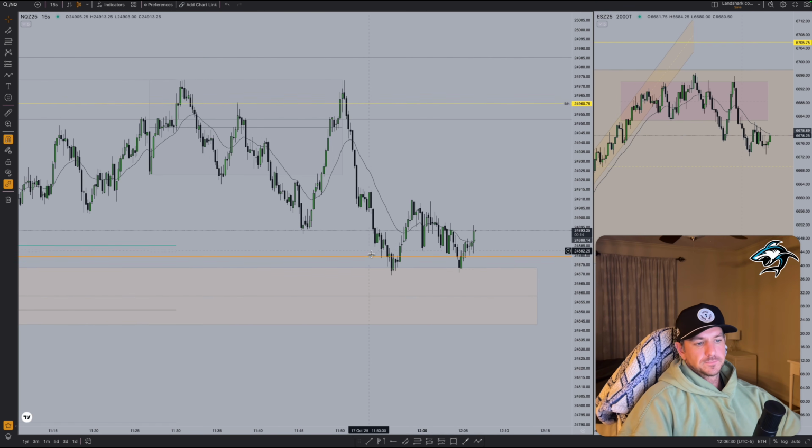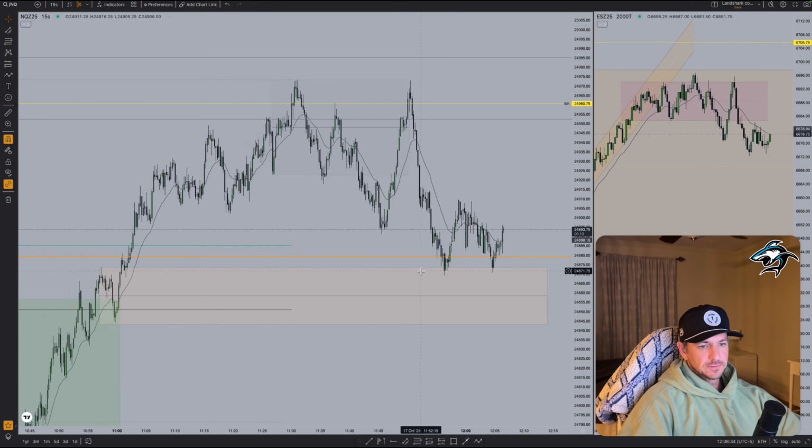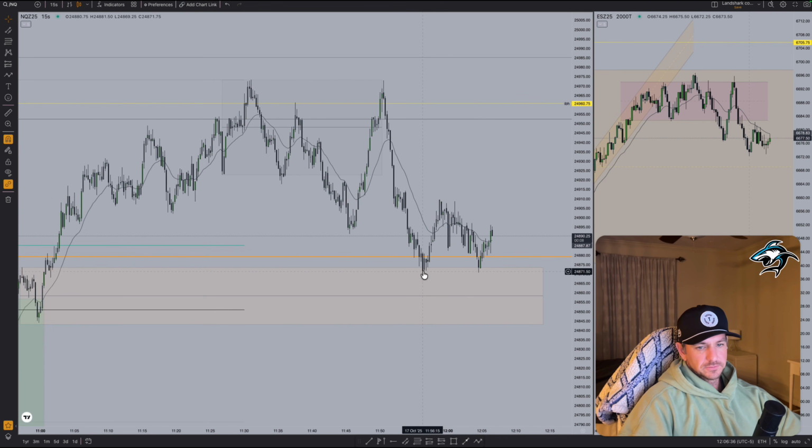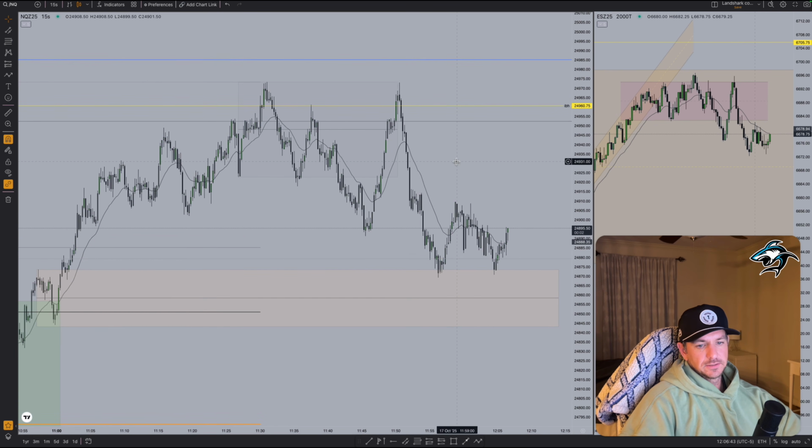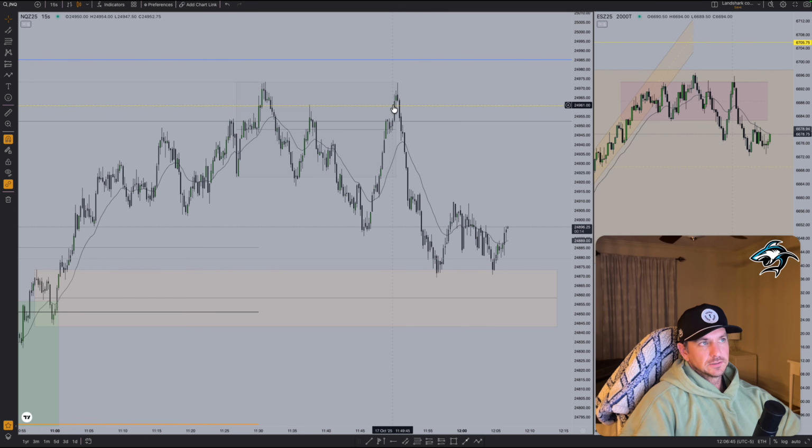So I figured, and I talked about it a few minutes before it happened, if we get a bounce or a tap to this spot, I would be looking for a retrace. And I said it with the mindset of we're in a short from up in here, which we didn't get because it just kept pumping.